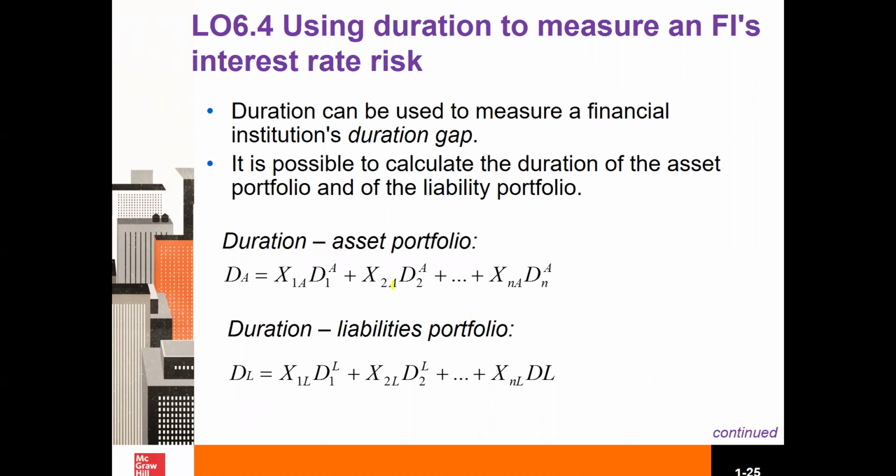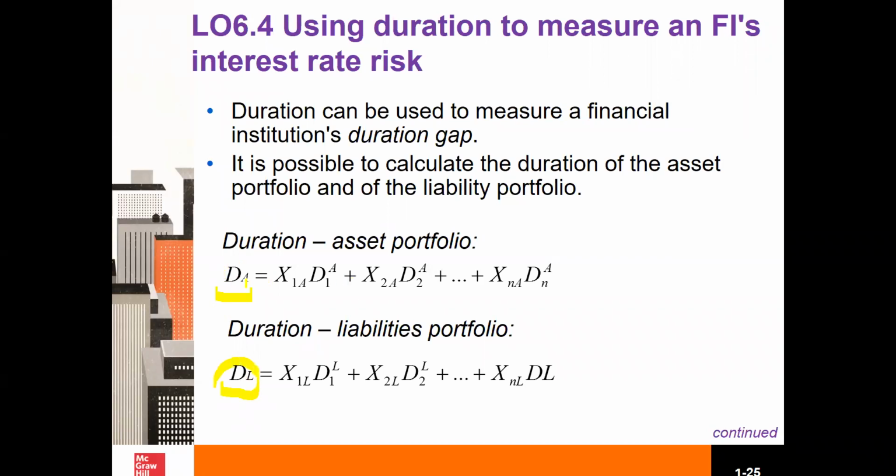To calculate this, first we will calculate the duration of an asset portfolio. In the last videos, we learned how to calculate duration for an individual asset or liability. Once we have duration for individual assets or liabilities, we can calculate duration for the asset portfolio and for the liability portfolio.